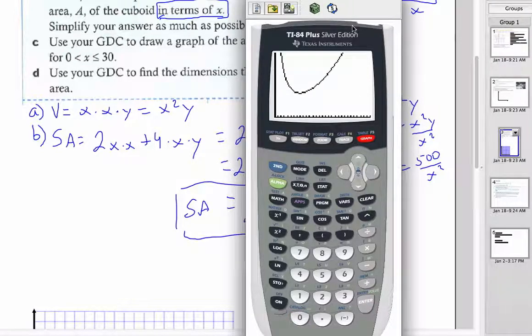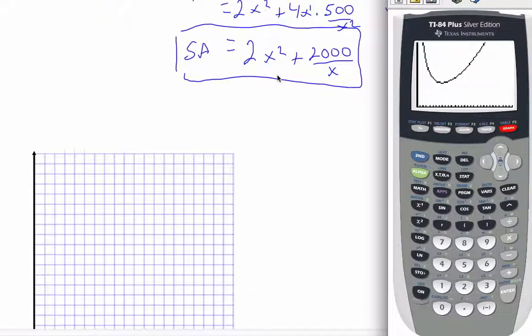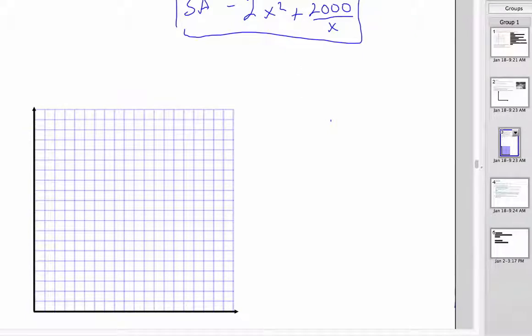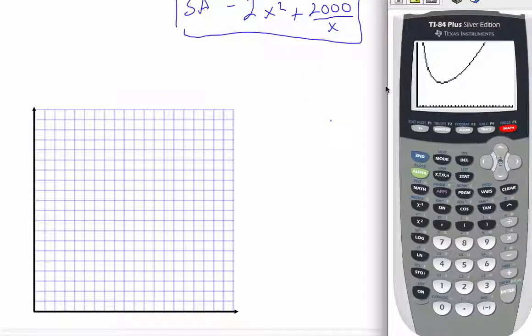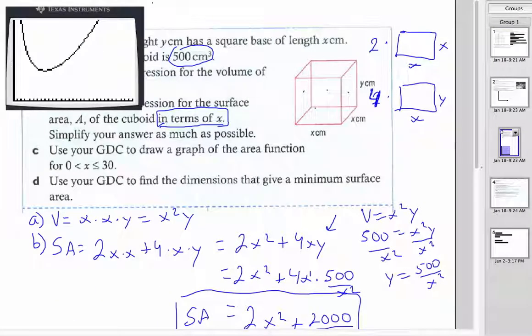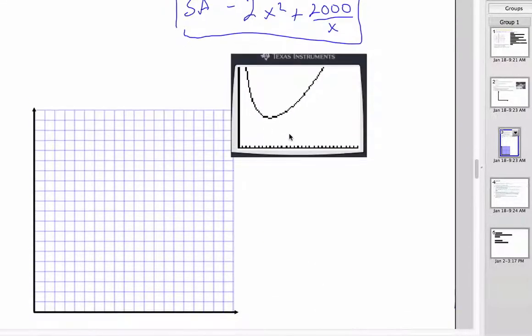Okay, wow, that's a good graph then. We can see what we want to. We can see the local minimum, so that's probably what we're going to be needing next. So actually, let me sketch the graph right here now. Okay, there it is.